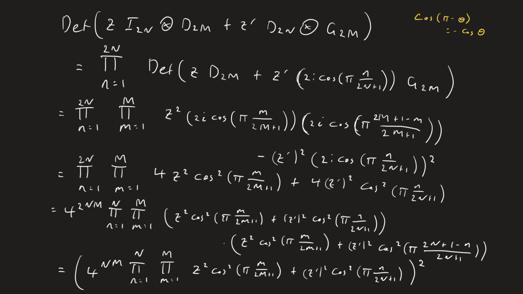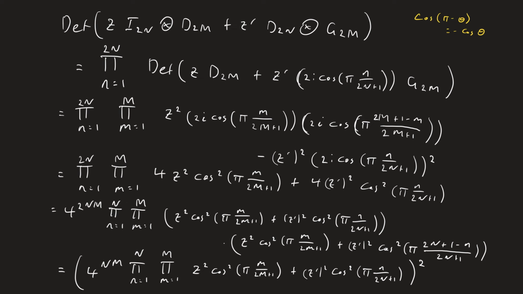The key point, though, is that by this property here, that cos of pi minus theta equals negative cos theta, we can rewrite this cos squared term as this cos squared term, and thus see that the second expression here is the same as the first expression here, so therefore this becomes a square.